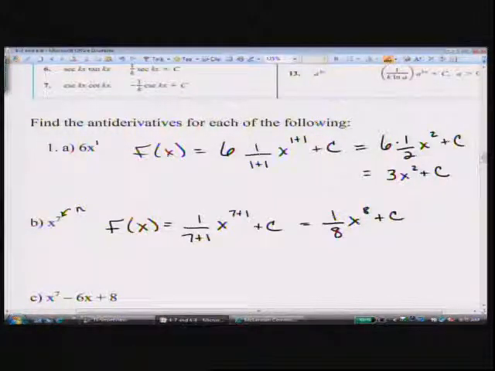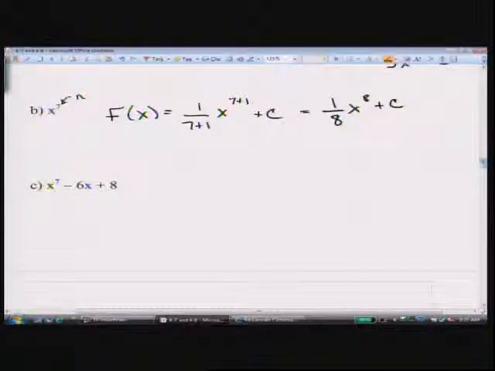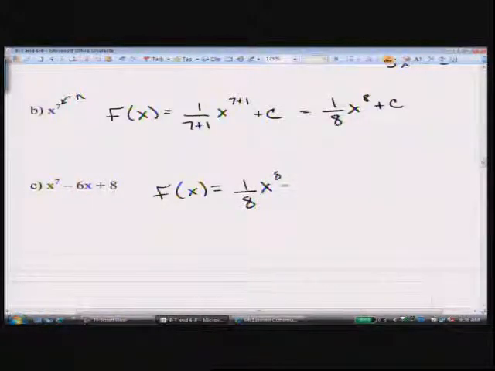Okay? All right, so what will this one be? Well, now we're probably about ready to put some things together here. The antiderivative of x to the 7th is going to be 1 over 7 plus 1, x to the 7 plus 1, so 1/8 x to the 8, minus, the 6 tags along, the antiderivative of x is x squared divided by 2.